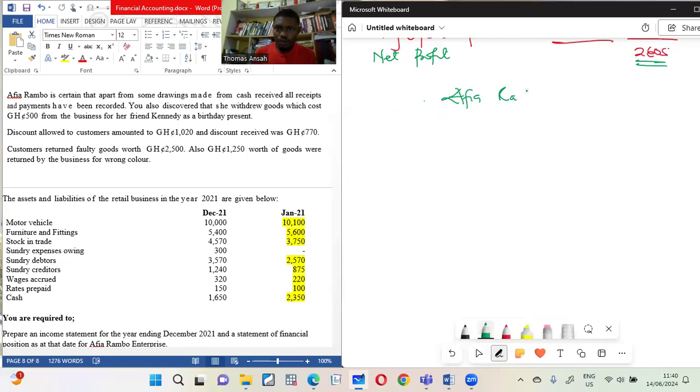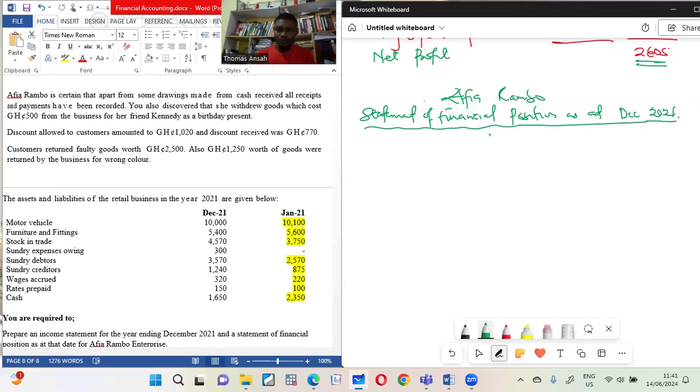So Ama Rambo, statement of financial position as at December 2021. So underline nicely. All right.